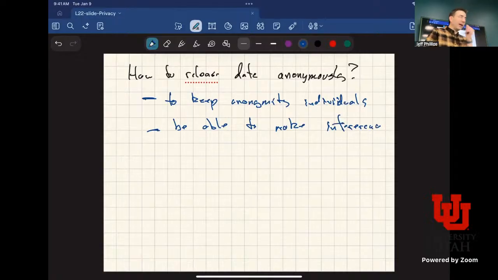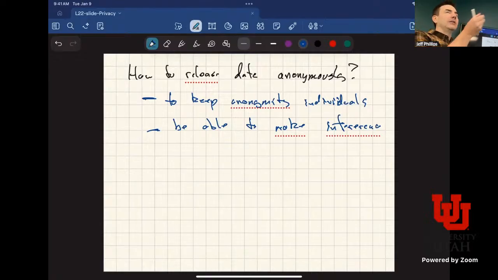We'd still like to be able to do the sort of data science, data mining, machine learning that we would if we had the full data, but we'd like to keep anonymity of individuals. We'd not like to be able to identify individual records. We'd not like to be able to identify the record of the governor and send them their medical records, saying, these are your medical records. All right, so how can we keep the anonymity while still being able to make an inference, right?